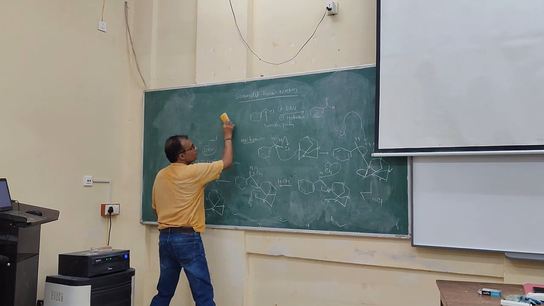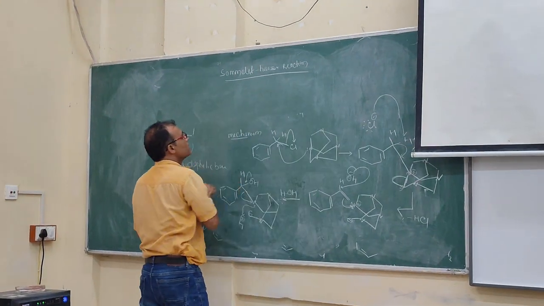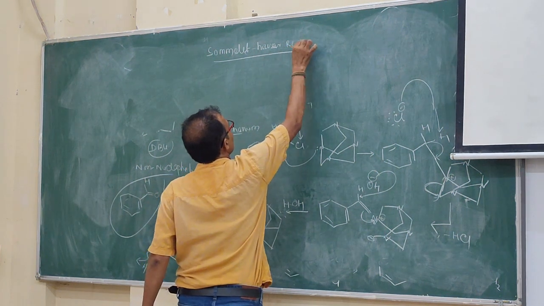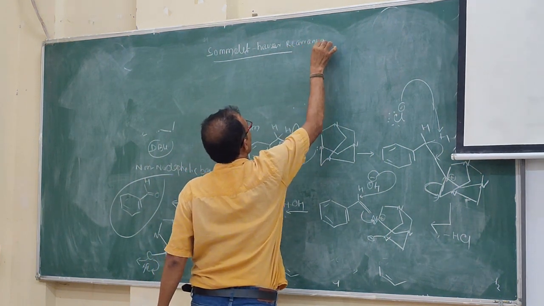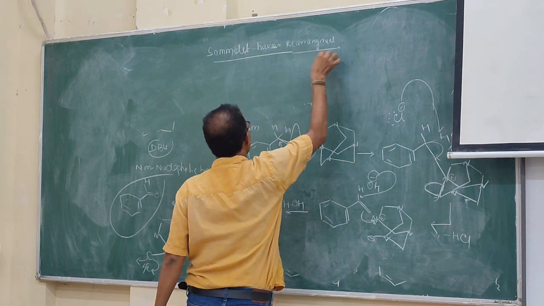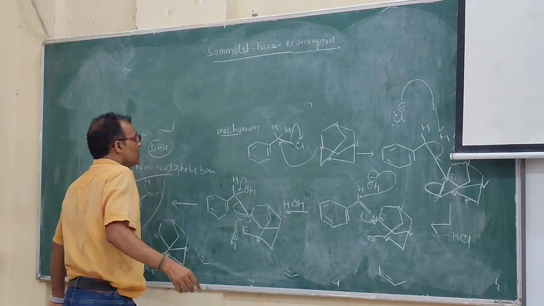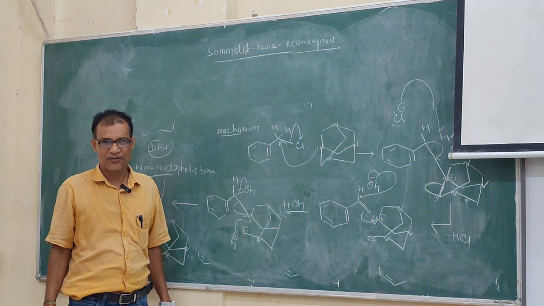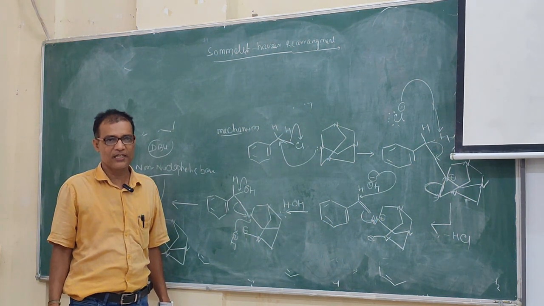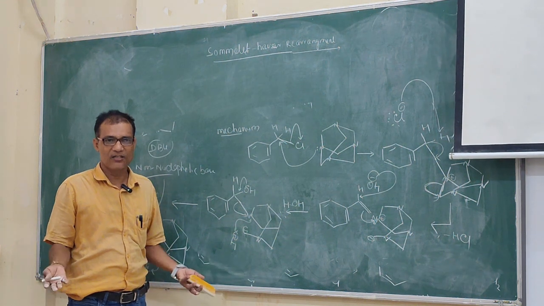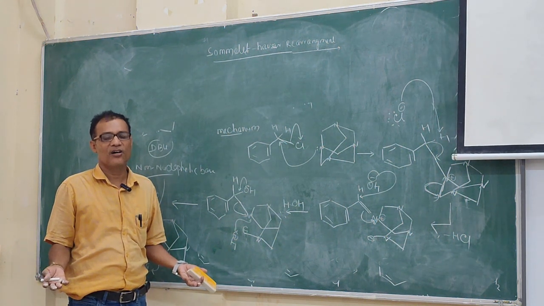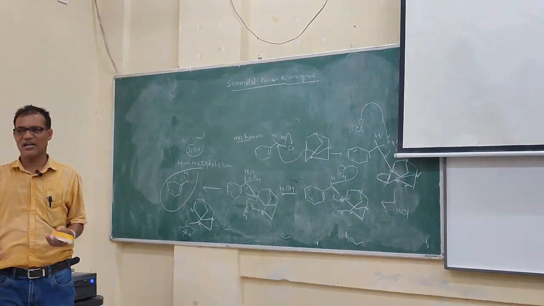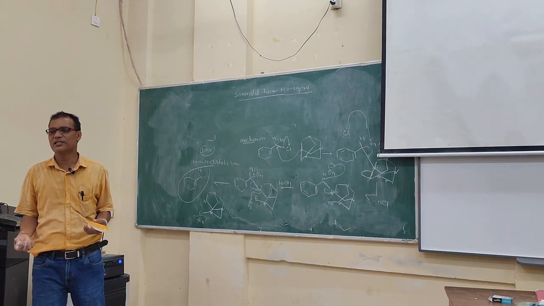So for rearrangement, you know Hofmann elimination. Remember last class, Hofmann elimination. Whenever there is a quaternary nitrogen salt in the presence of base, or you are using silver iodide and water, or Ag2O, silver oxide, to generate that base.